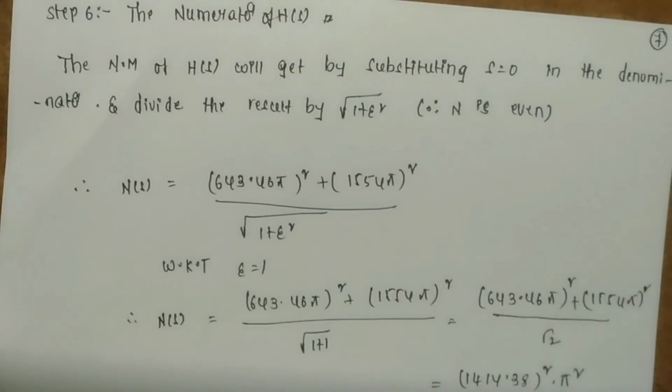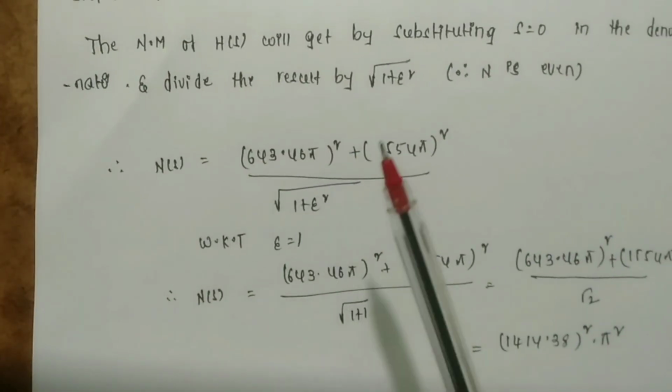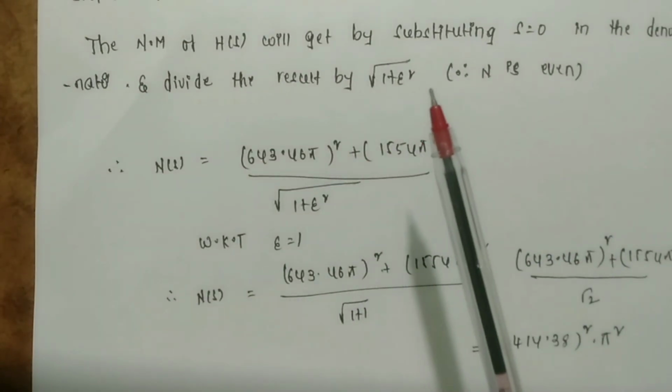In this problem n is equal to 2, which means it is an even number. So you have to divide the denominator result by 1 plus epsilon square. If n is odd, then there is no need to divide it. So for calculating n of s, I am simply substituting s is equal to 0 in the denominator equation.